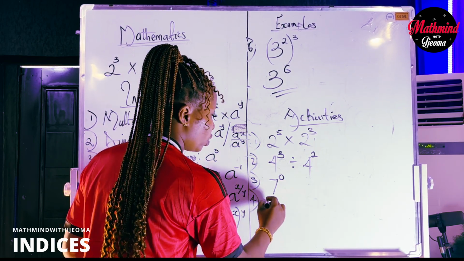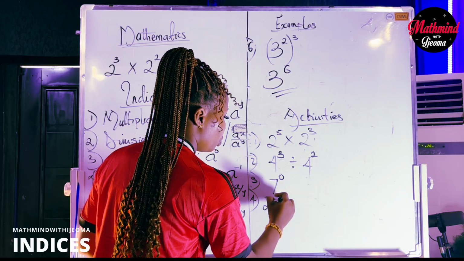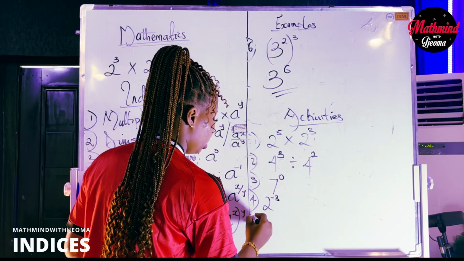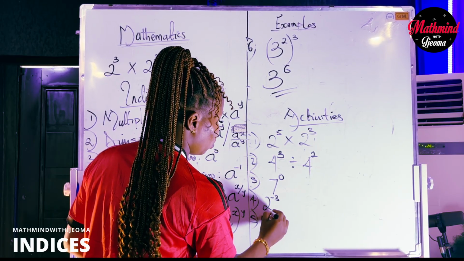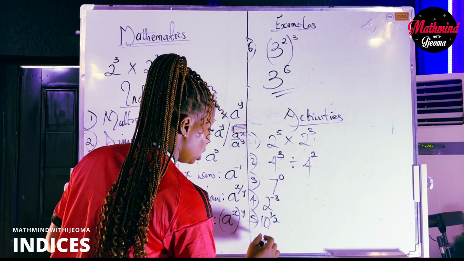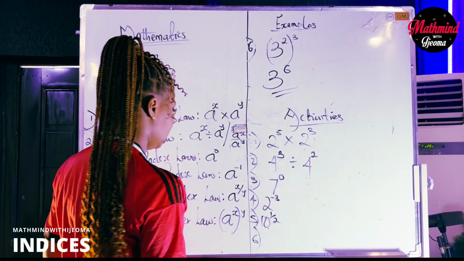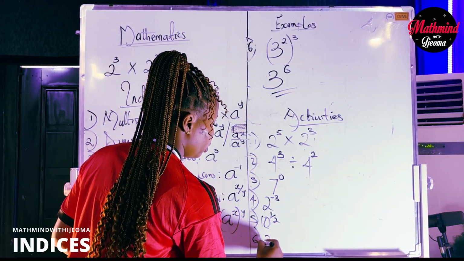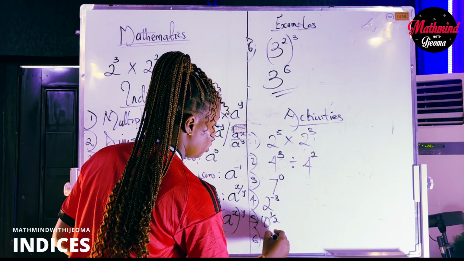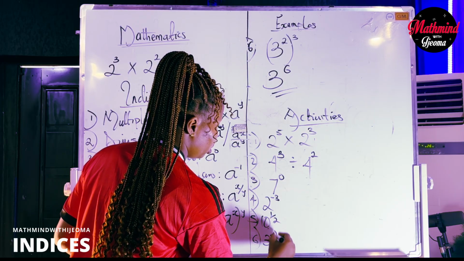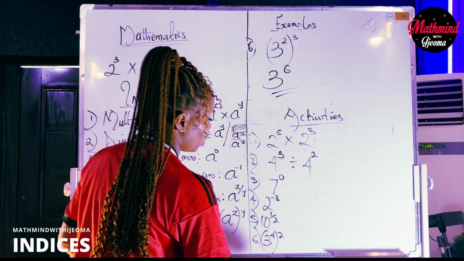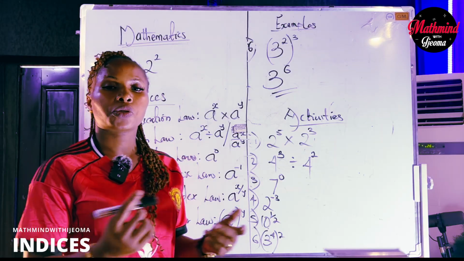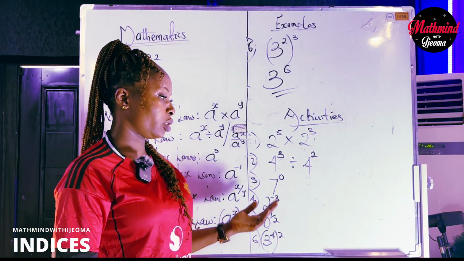What is the result of 2 raised to power minus 3? 100 raised to power 1 over 2. And finally, 3 raised to power 4, all squared. Drop your answers in the comment section.